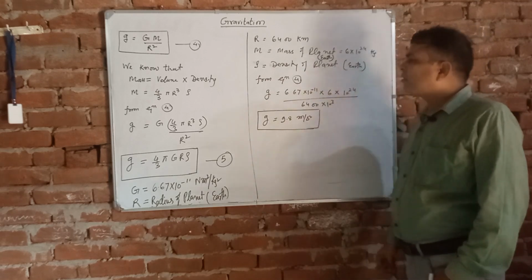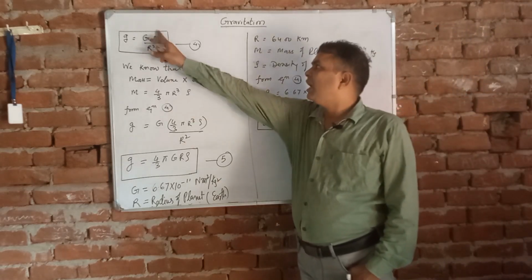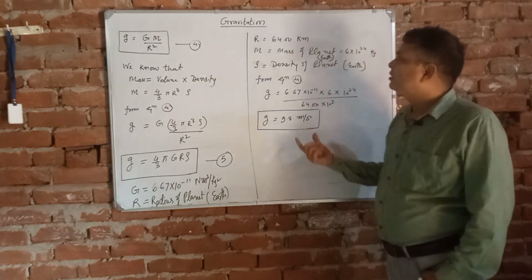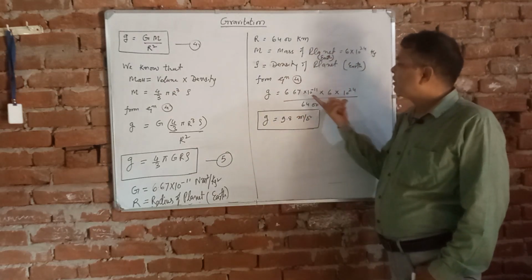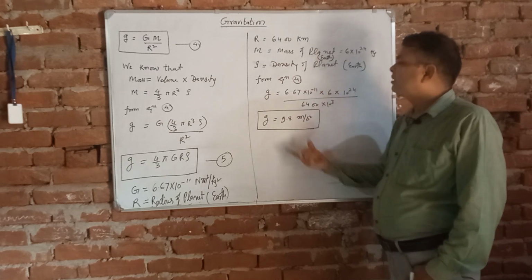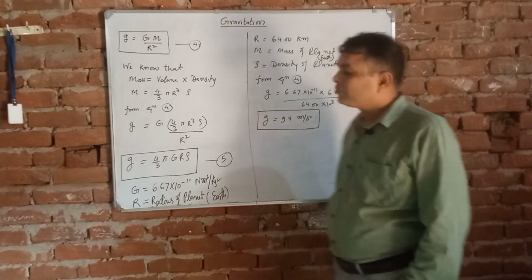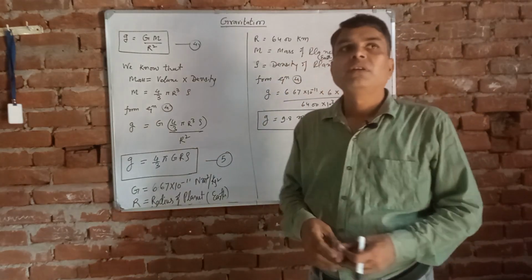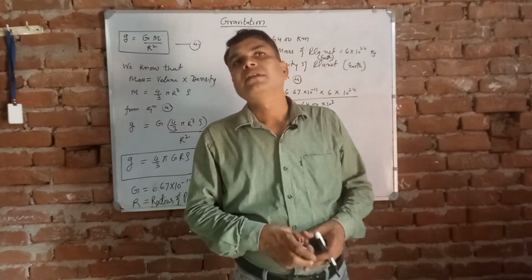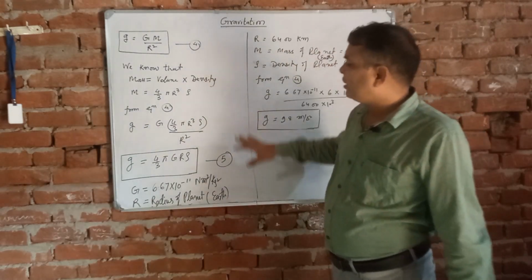If we put the values of G, M and r in equation 4, then we get g equal to 9.8 meter per second square. Now we are going to do numericals on equation 4 and 5.